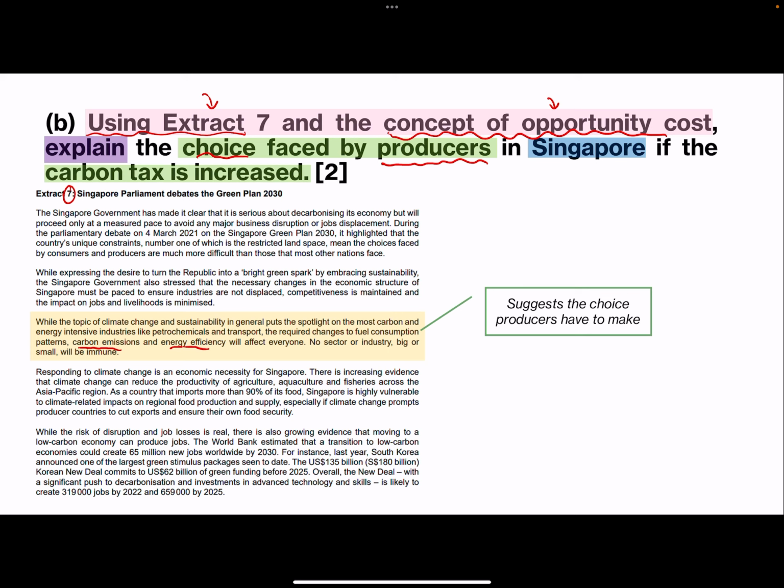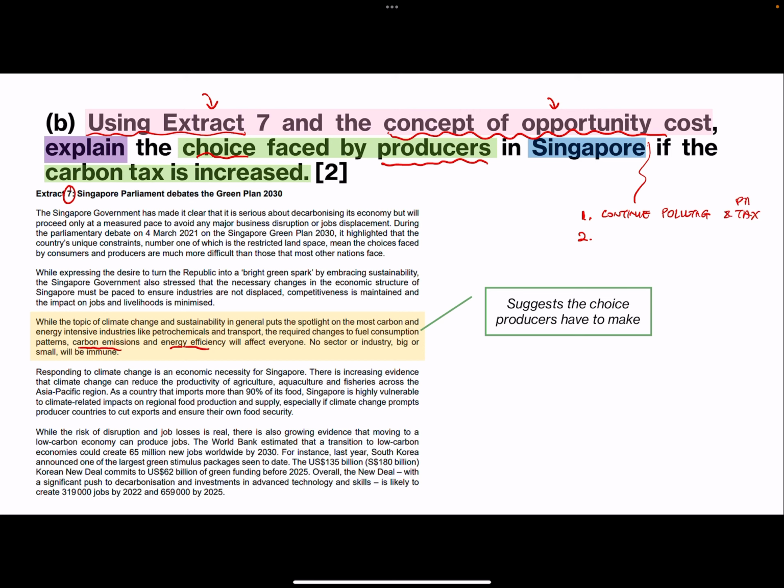They don't really tell you any choices. If they don't, then you have to come up with your own, and opportunity cost questions tend to be like that. Just to run through very quickly the idea of opportunity cost: there must be choices that consumers or producers have to face. If the carbon tax is increased, I can do two things. Number one, I could continue polluting, but then I will have to pay the increased carbon tax.